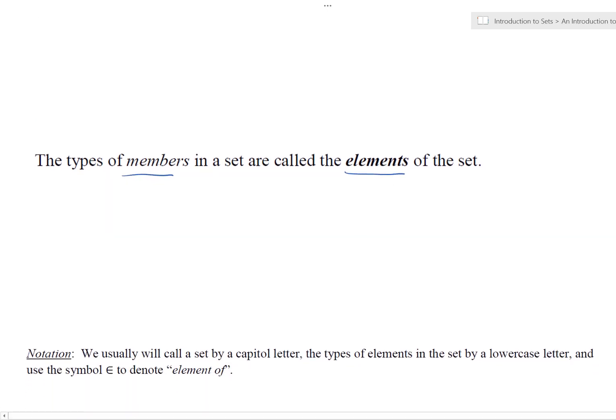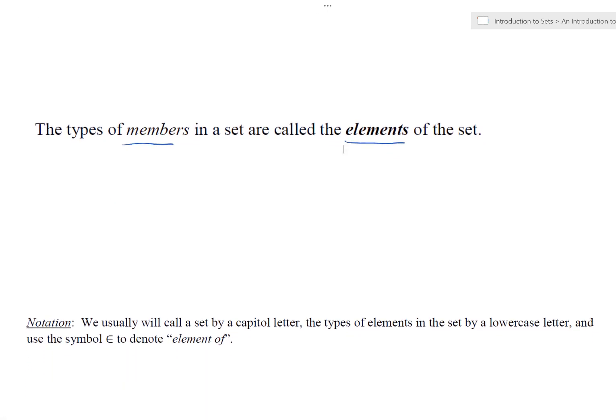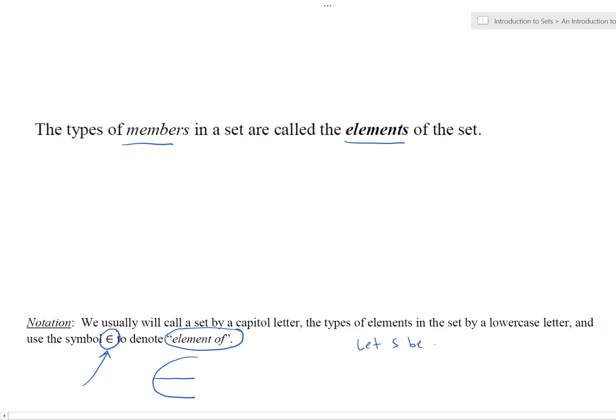Some notation that we will use to denote elements is down here, this symbol. I'll write it a little bigger. It looks kind of like a curvy capital E, and it literally means element of. So if we want to say let S be a set, and you say, well, what's in this set?